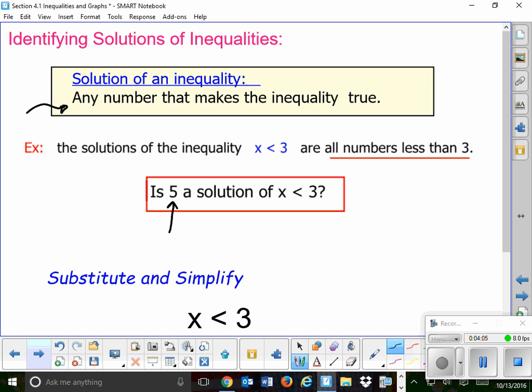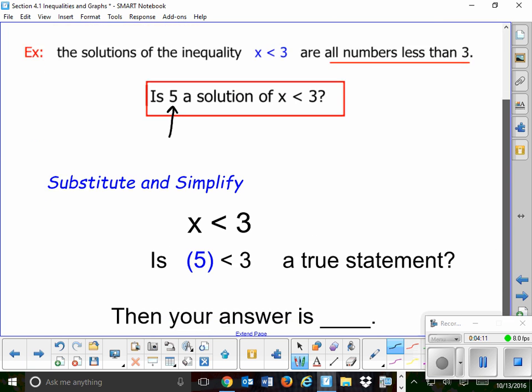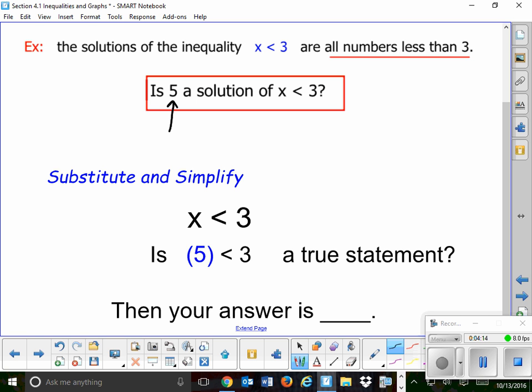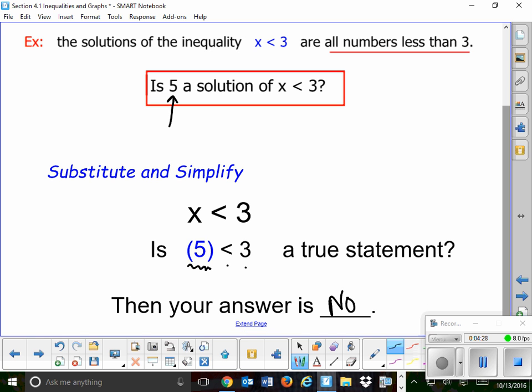Most of you can look at it and say no, 5 is not less than 3. But as we get further along, you might want to substitute in the number. Is 5 less than 3? The answer is no, so it is not a solution.